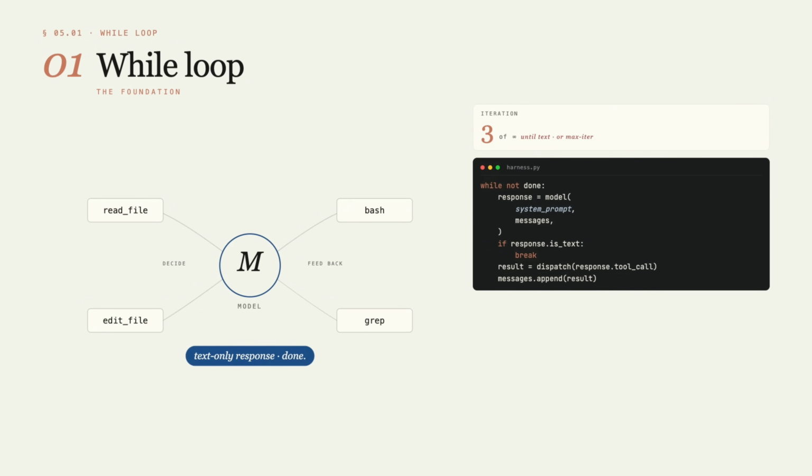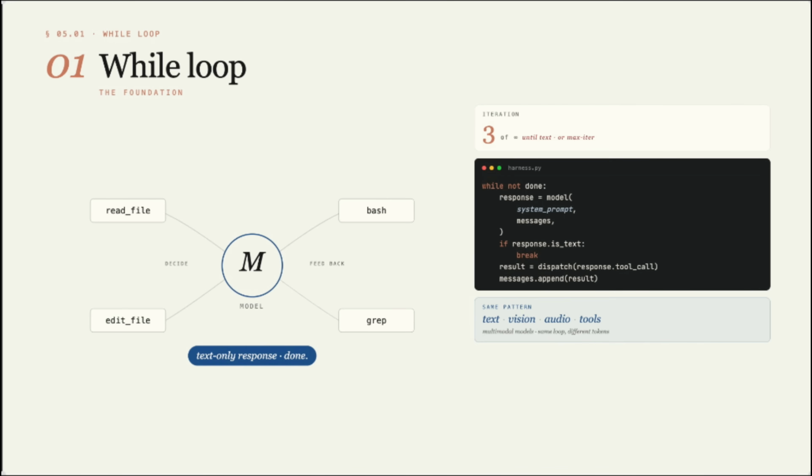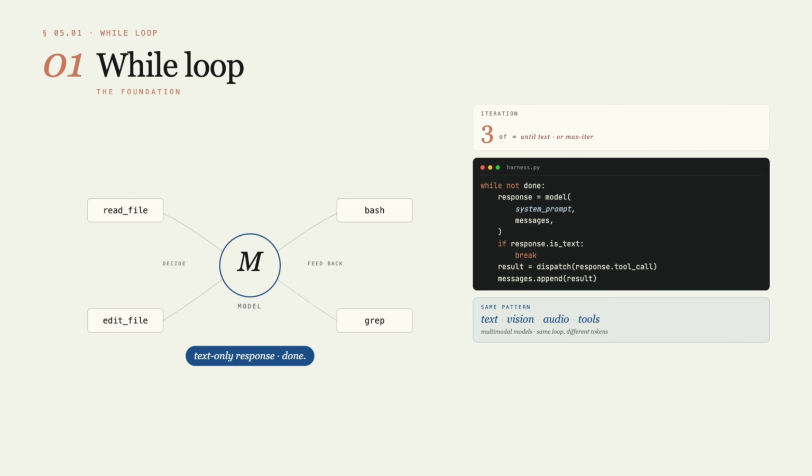This process continues until the model produces a text-only response, or it hits a maximum iteration cap. We're talking about text-only models, but the same can apply to multimodal models as well. So think of this outer loop as the whole engine that runs everything.